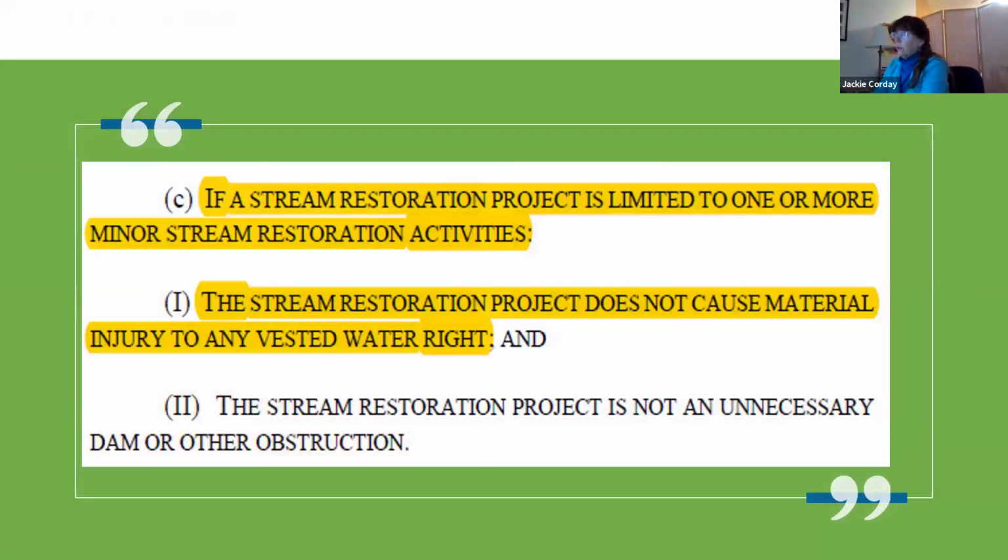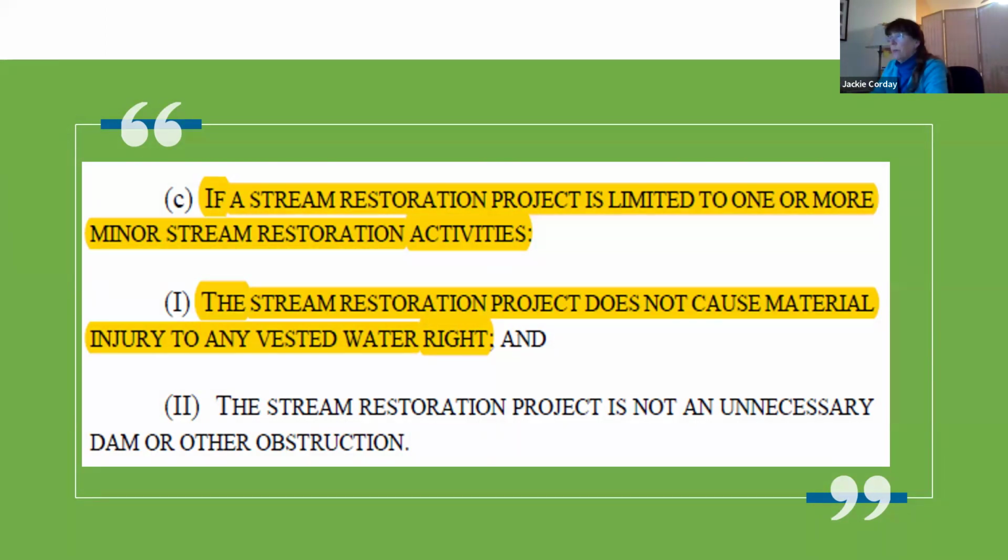Okay, so here's the key. If a stream restoration project is limited to one or more of these 6 stream restoration activities, what the law says is that it does not cause material injury to any vested water right, and it is not an unnecessary dam or other obstruction.